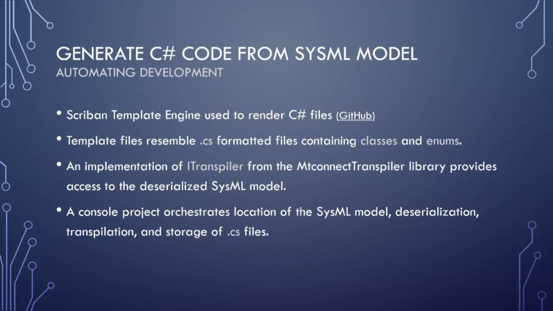So with the ability to represent the model from an XML structure into now a C# object-oriented structure, the next step was how do we write these C# files for our validation software? For this, we utilized a very common C# library called Scriban. It's a template engine that allows us to define a single template file and basically inject information repeatedly into that template to generate a larger set of formatted files.